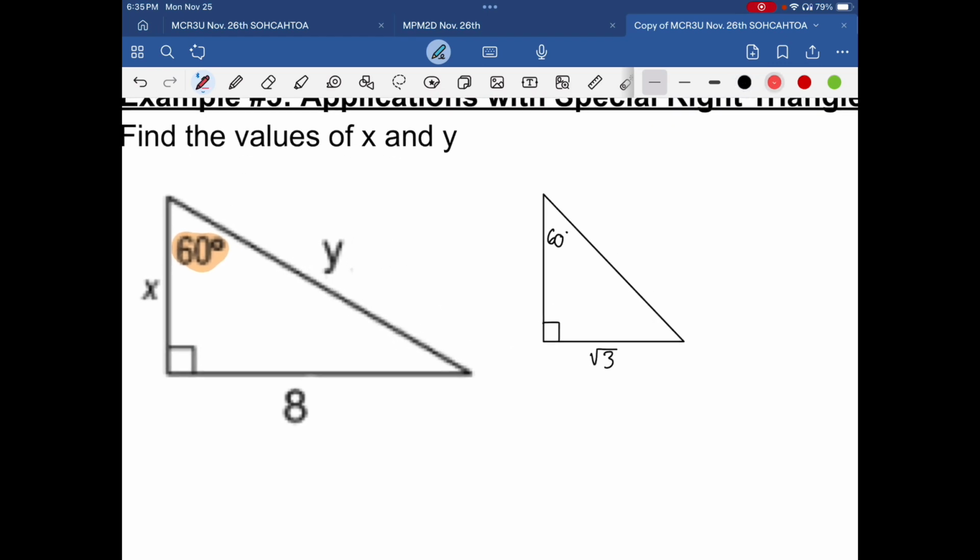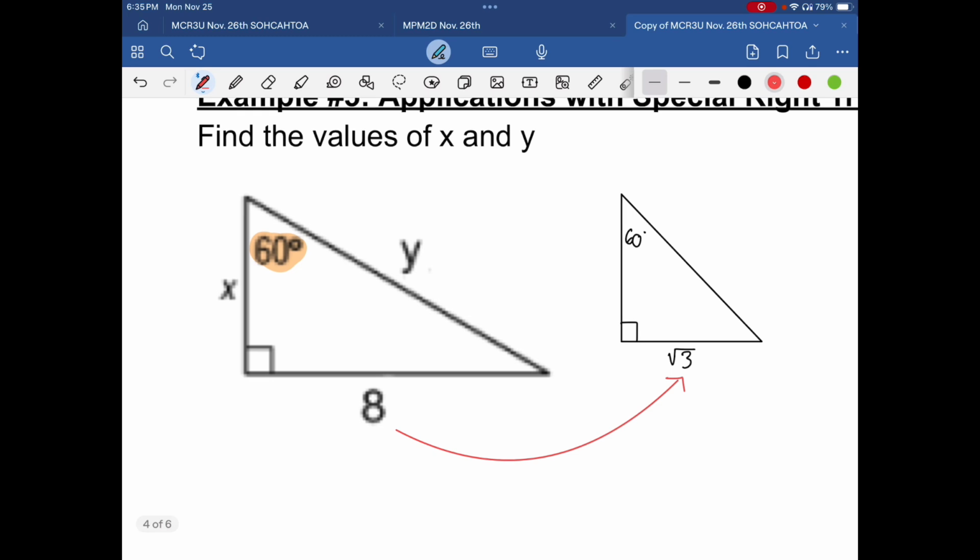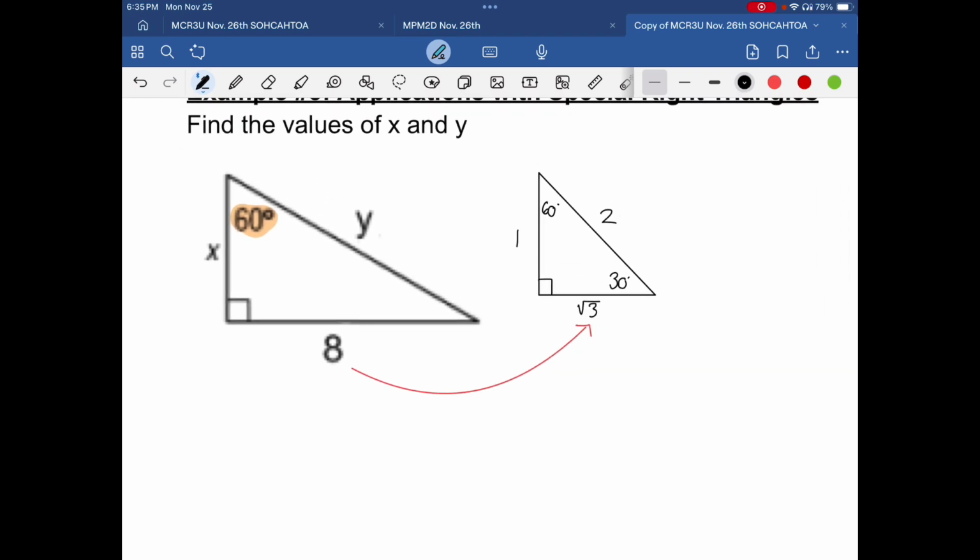We want to figure out how we go from 8 to root 3. I know opposite to my 30-degree angle is the side length of 1, and my hypotenuse is 2.